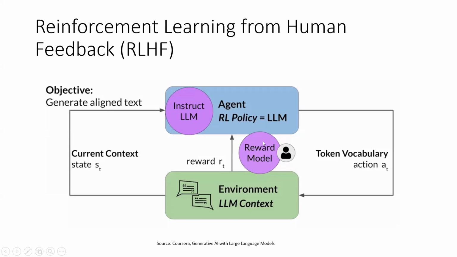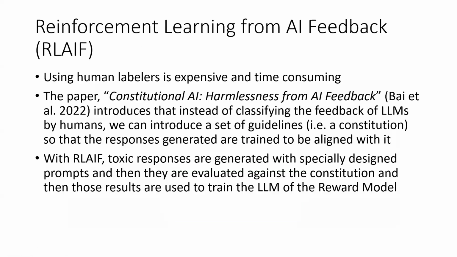And this is how this reward model, which is also an LLM, gets trained, and this reward model can then be used with the instruct LLM in the reinforcement learning technique to train the LLM, not with human feedback, but with AI feedback.